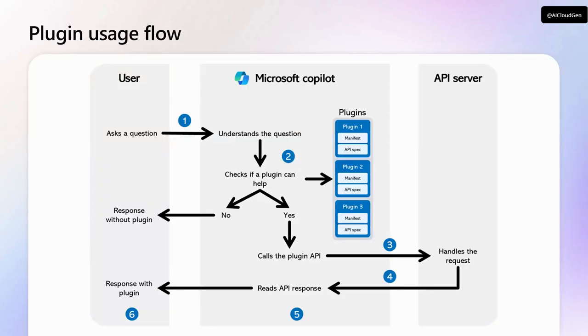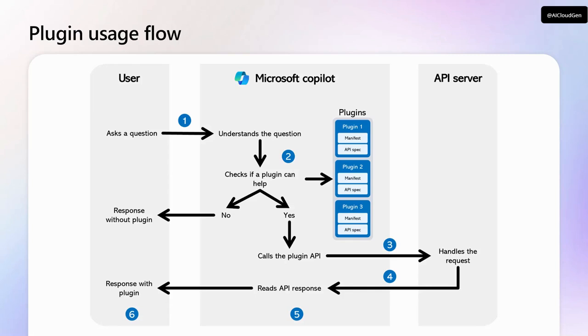So this is just to give you a little bit more elaborate version of how the plugin usage will work. A user asks a question, Copilot will understand the question, and it is going to check, can I use a plugin for help here? If yes, then it is going to call the plugin and send the request to the API server.